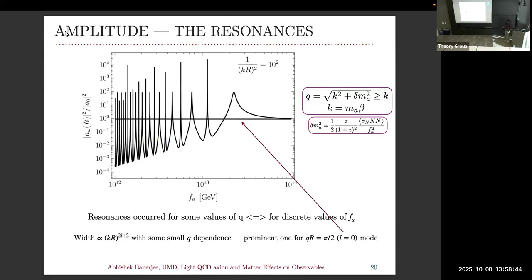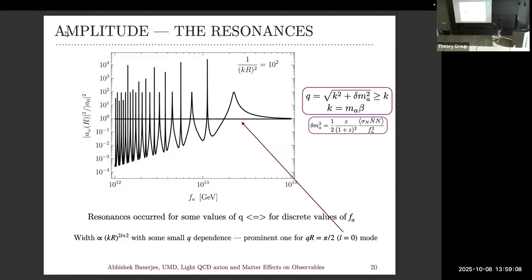Okay, so whatever the resonances, should we take them very seriously? What we plotted here for different F values is the field amplitude square. And you see, for some values of Q, meaning some values of FA, I do see some resonances, but the only important one is the last one, because the other ones are like a line, we don't get to see anything.